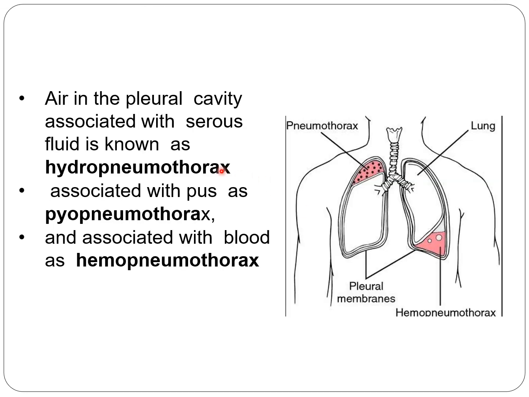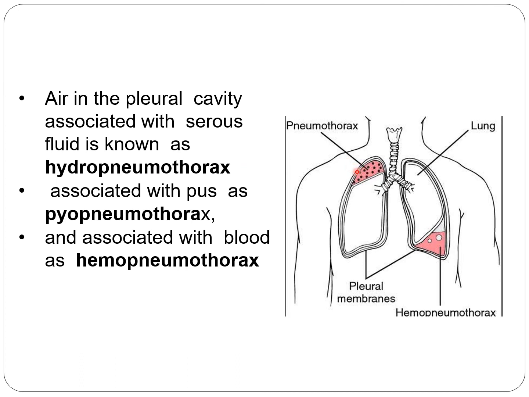Another condition is hydropneumothorax. Hydro means water, pneumo means air. So there is presence of air and water together in the pleural space. Air associated with serous fluid is called a hydropneumothorax.